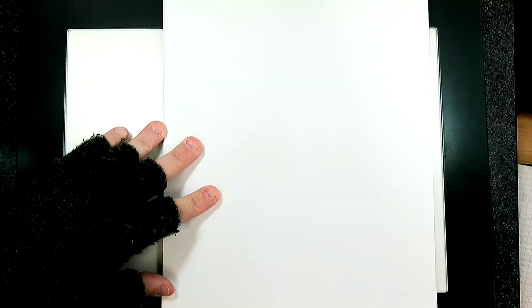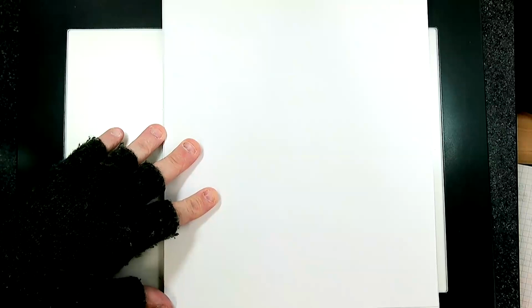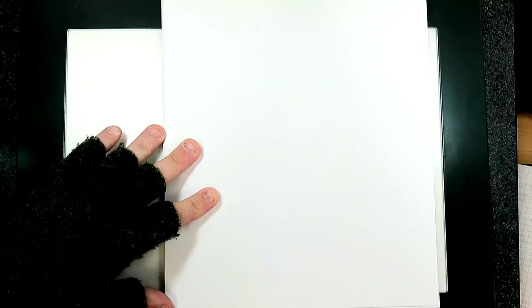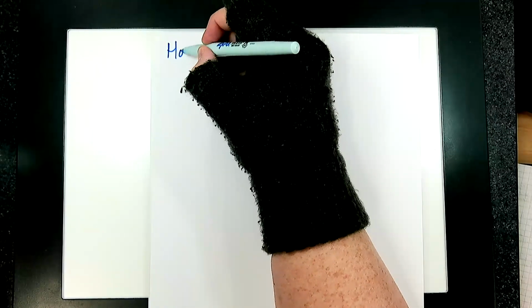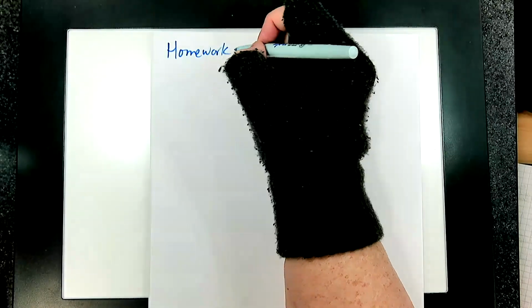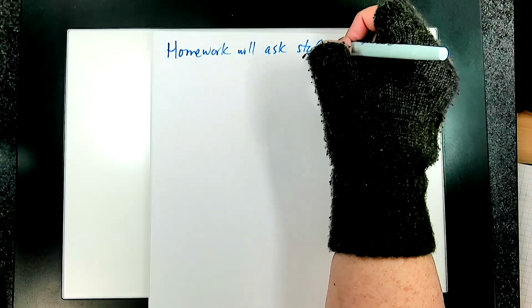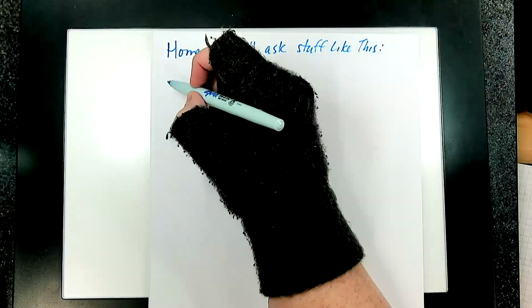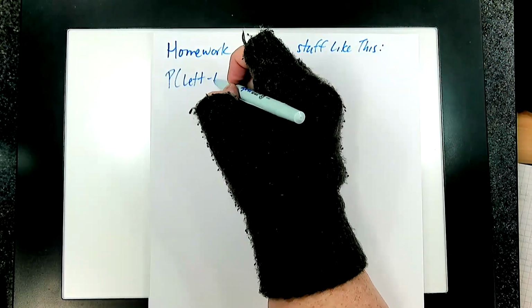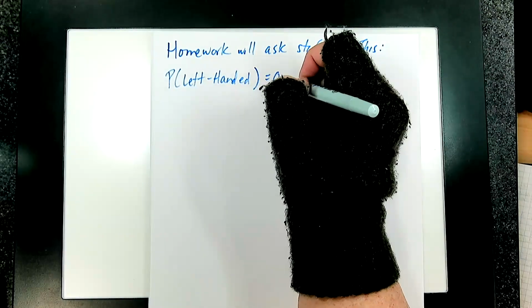Just like I did where I found, well, Sarah did the math for me over here, how many leaning Gellers we got starting with the numbers, the homework is gonna ask you something like this. The probability of being left-handed is 0.11.